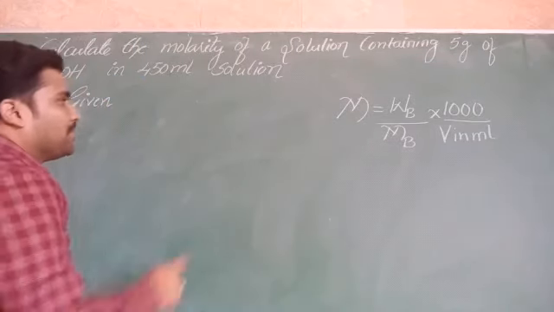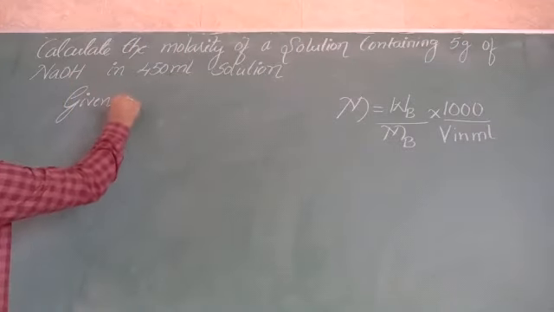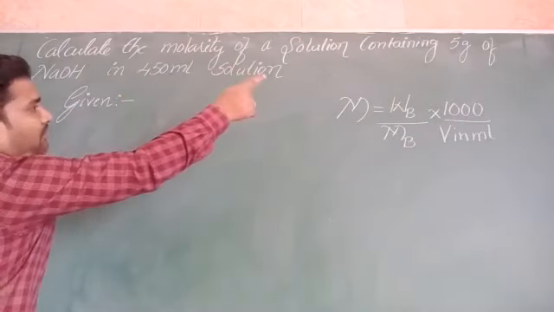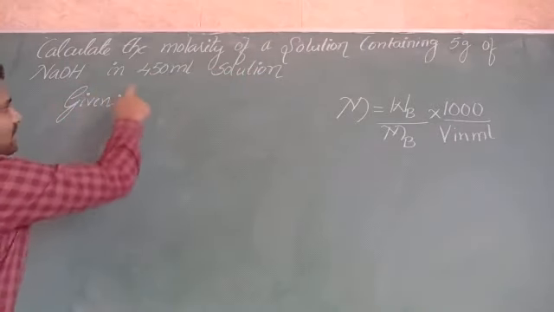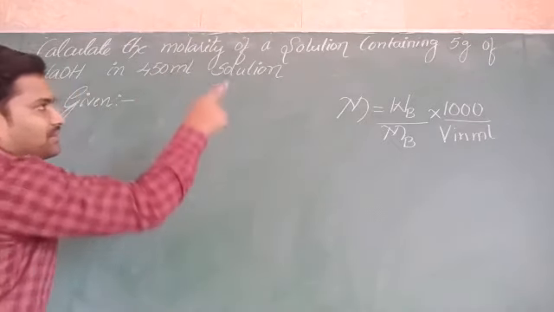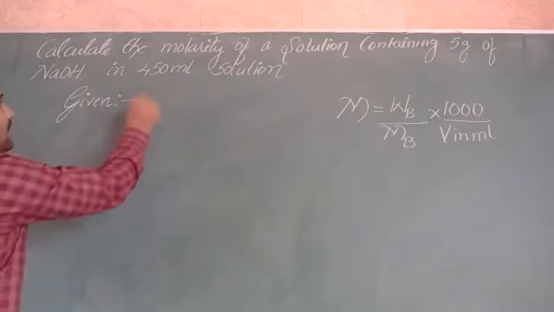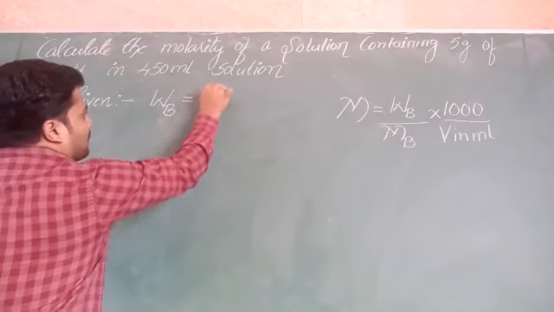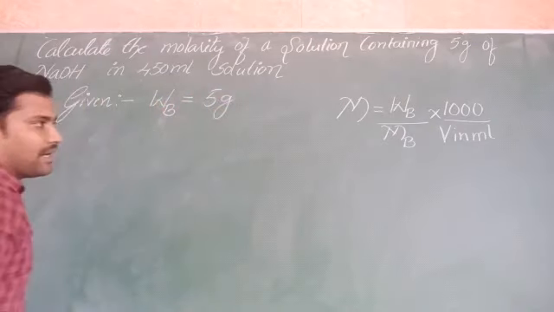Based on this formula, let's write given in this problem. First they have given 5 gram of NaOH in 450 ml solution. That means 5 gram of NaOH, the mass of solute, that is WB, is given as 5 grams.